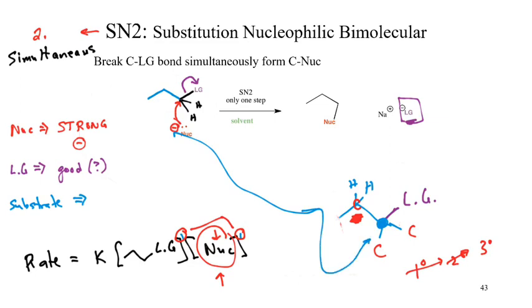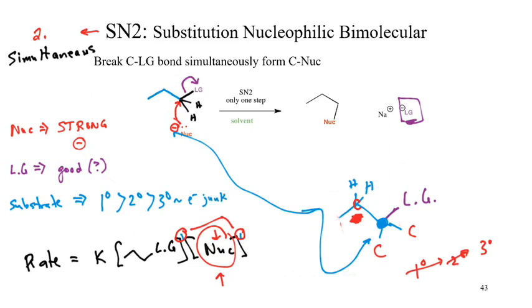That's going to decrease the likelihood of it actually happening, which means if I'm going to do an SN2 reaction, I would expect the primary substrate to react faster than the secondary, faster than the tertiary. Well, why? Because the tertiary contributes a bunch of electron junk.